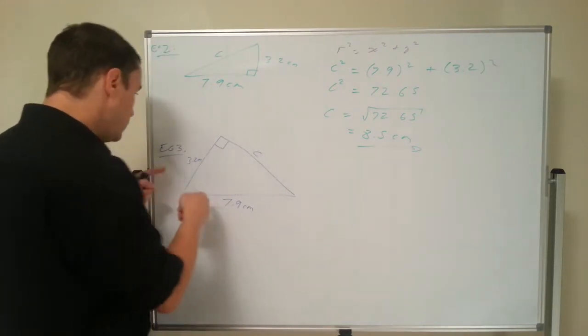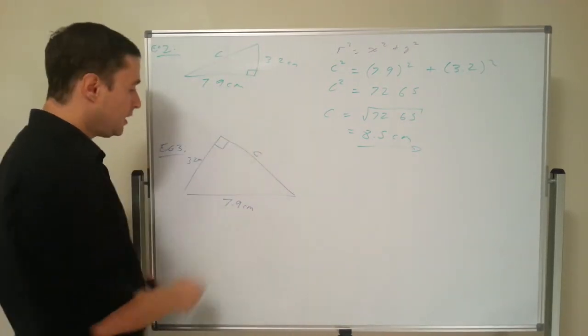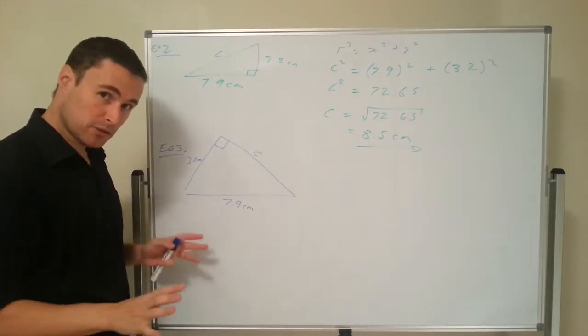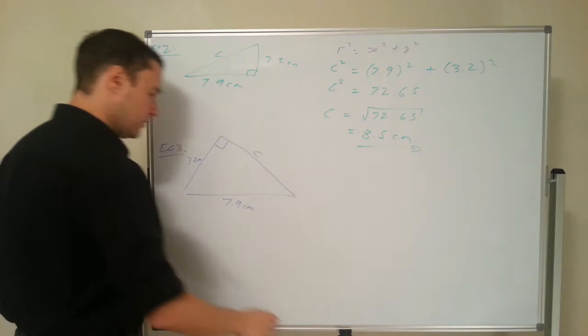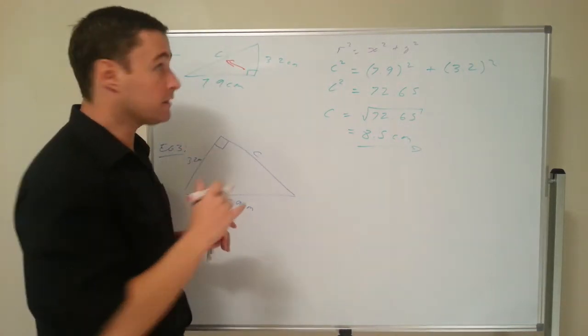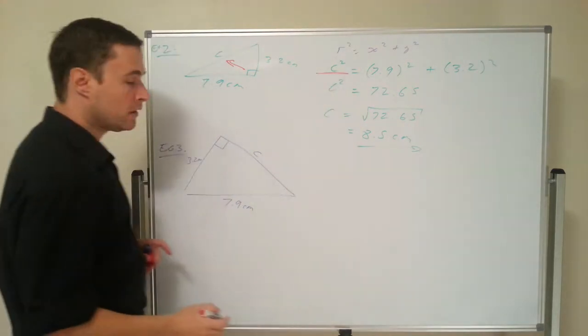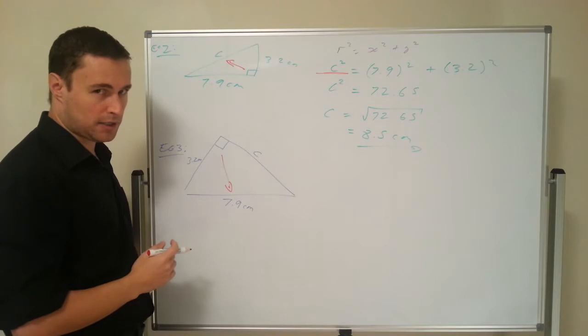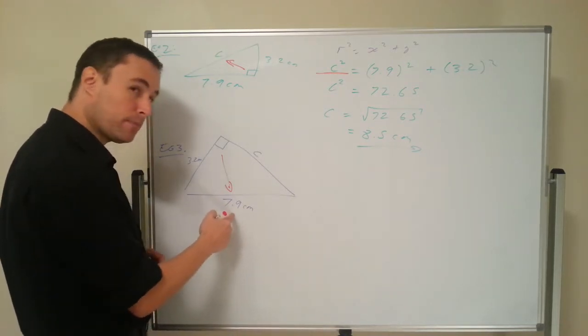Now, this is not the same situation as this. The numbers might be the same, the variable might be the same, but it's not the same situation. In this situation, c is opposite the right angle, so that makes it the hypotenuse, so it goes alone. In this situation, the 7.9 is opposite the right angle, so that makes this the hypotenuse.